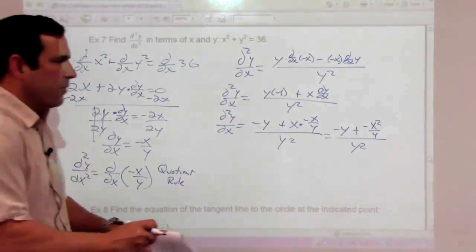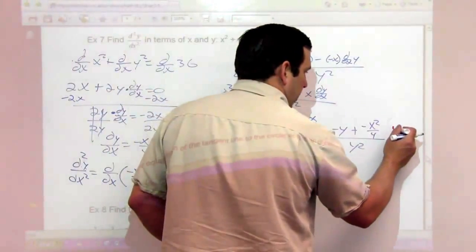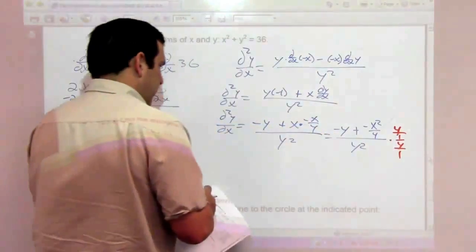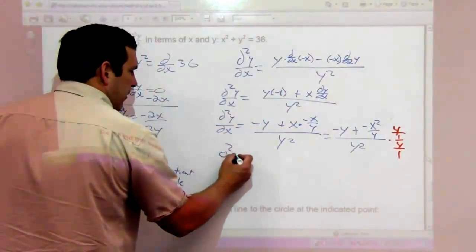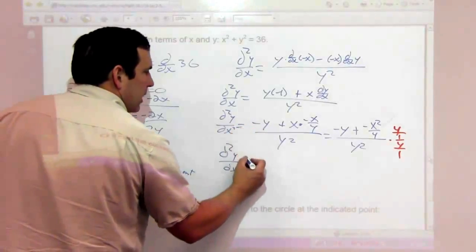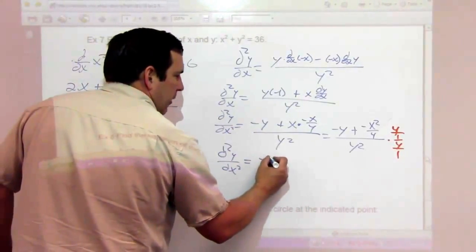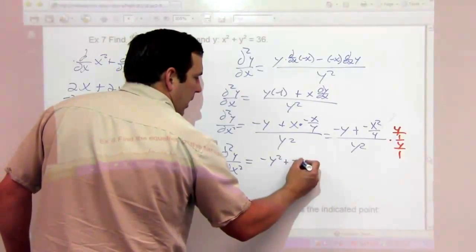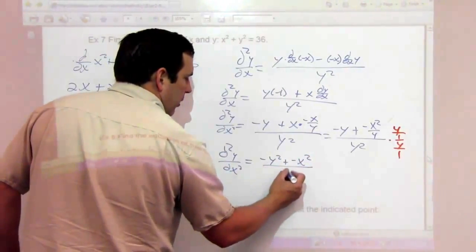We have a complex fraction. If I multiply on top and bottom by y over 1, that'll get rid of that. And our second derivative of y with respect to x is going to be negative y squared plus negative x squared over y cubed.